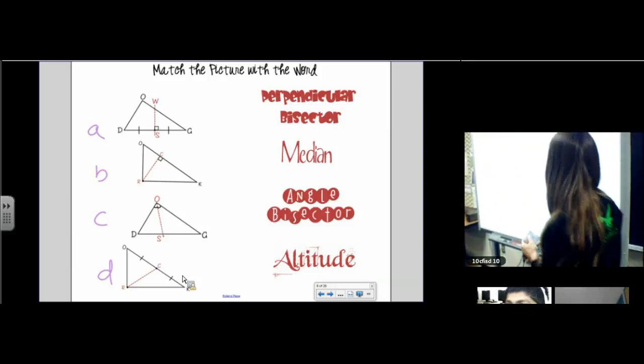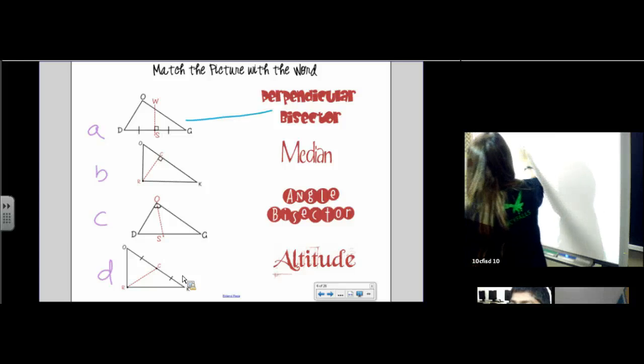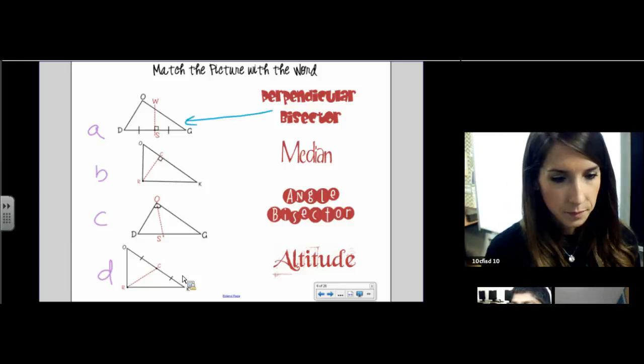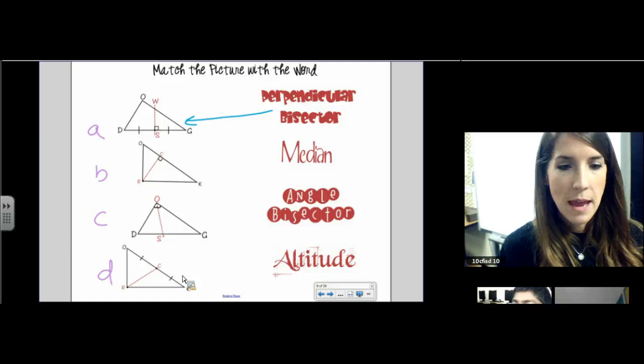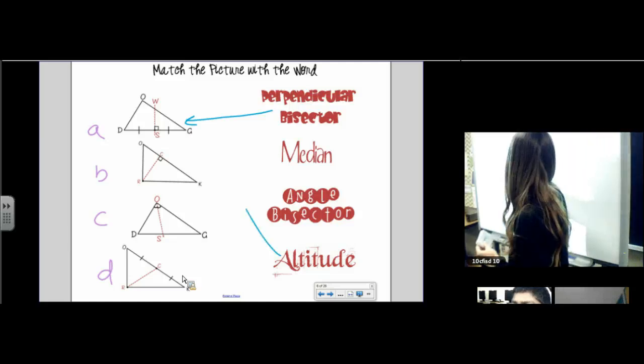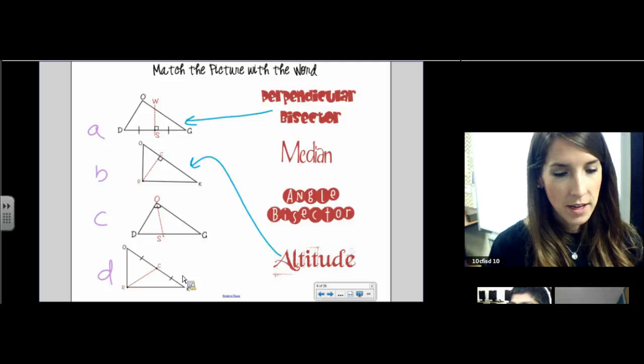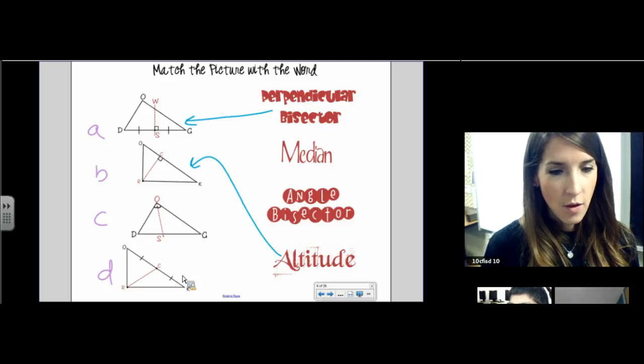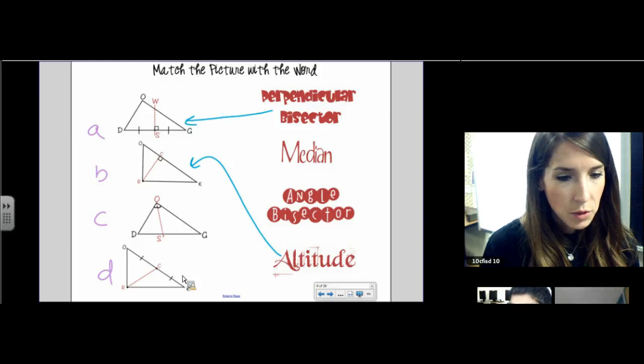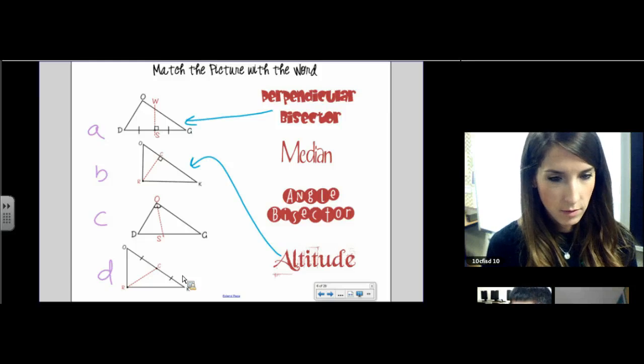Eric thinks that A is the perpendicular bisector. Relina thinks maybe B is an altitude. What else you got? Johan thinks that, which one's a median? Which one did I call on for you?